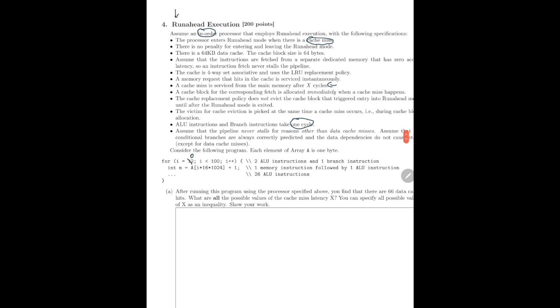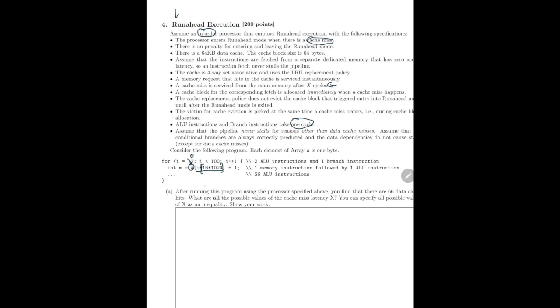So consider the following program. In this program, we iterate 100 times over some computation, and we need to load this memory location A. We have here an offset, which is 16 multiplied by 1024.